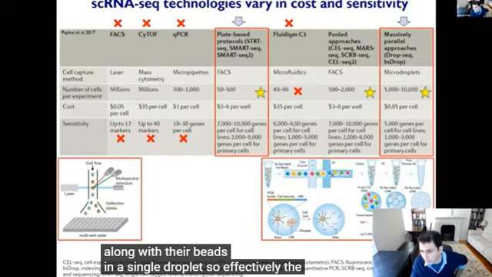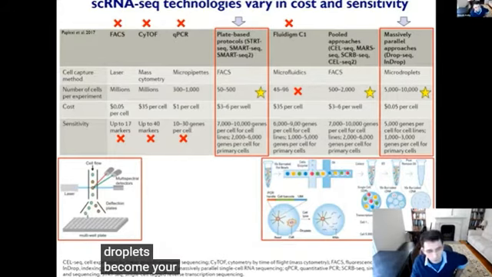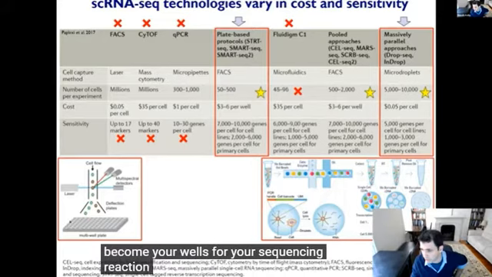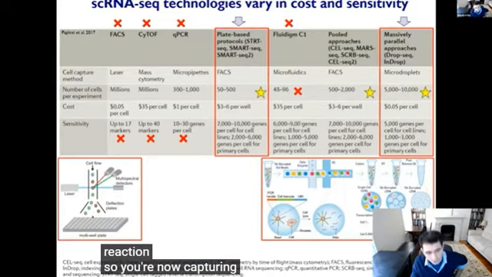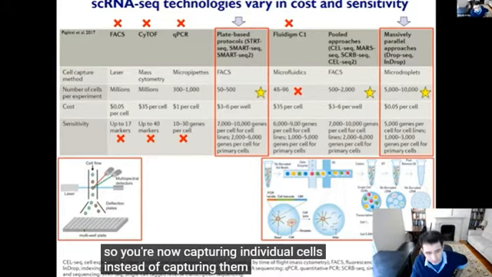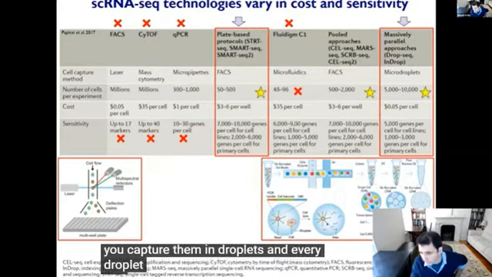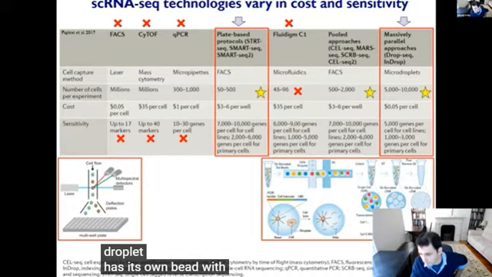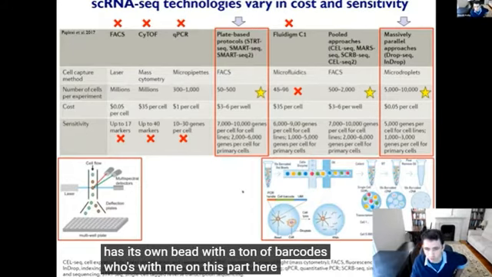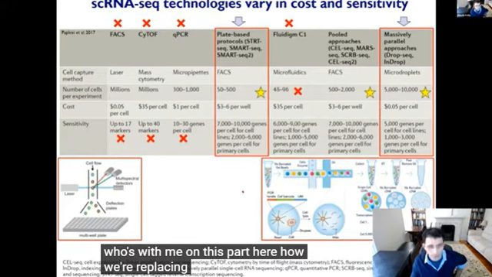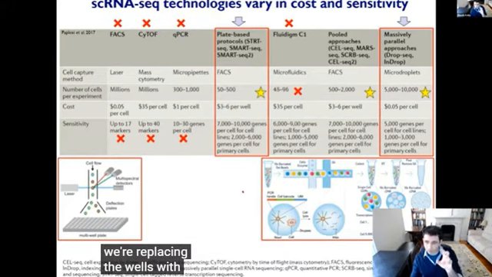So effectively, the droplets become your wells for your sequencing reaction. So you're now capturing individual cells. Instead of capturing them in wells, you capture them in droplets. And every droplet has its own bead with a ton of barcodes. Who's with me on this part here? How we're replacing the wells with droplets.